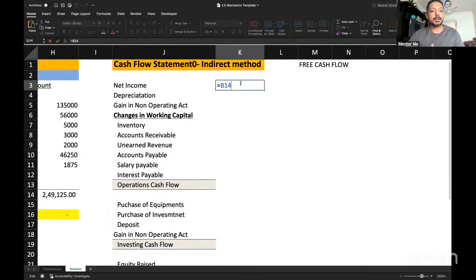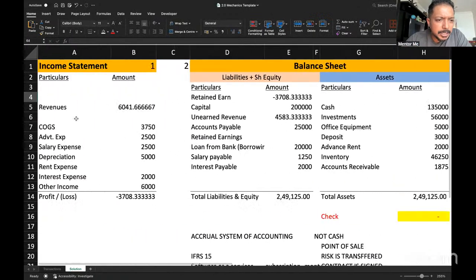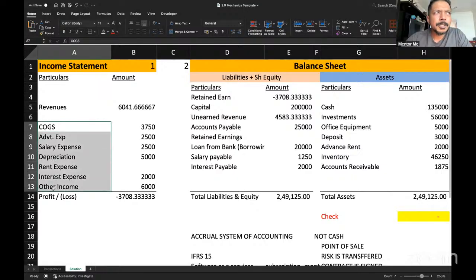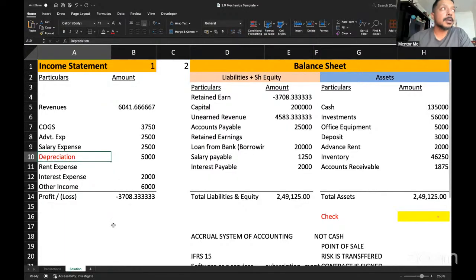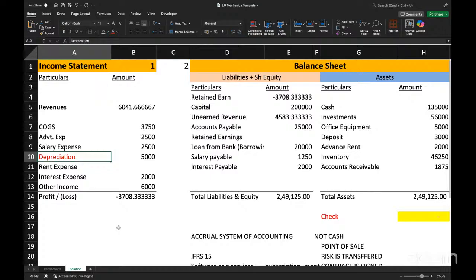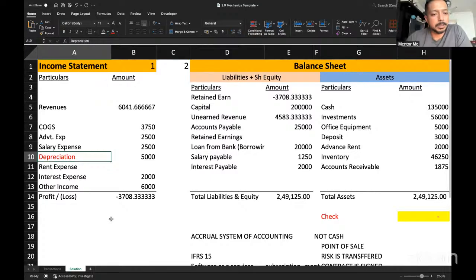Now we look directly in the income statement for the line item which is non-cash. Non-cash is depreciation. Correct. Straightforward, you can see that the depreciation is actually not paid to someone. It is just an adjustment we do in calculation to spread out the costs.